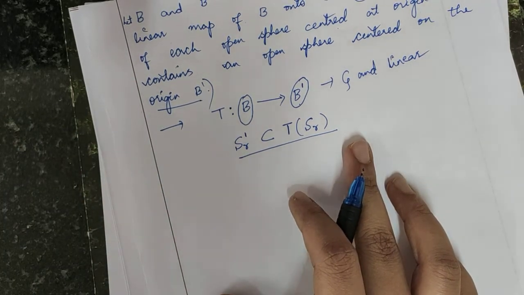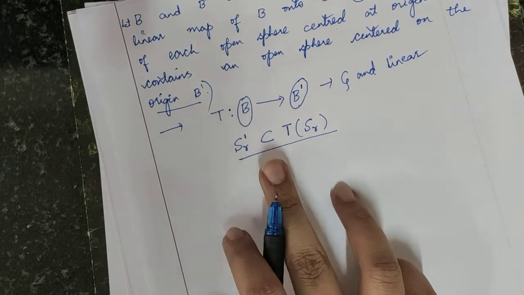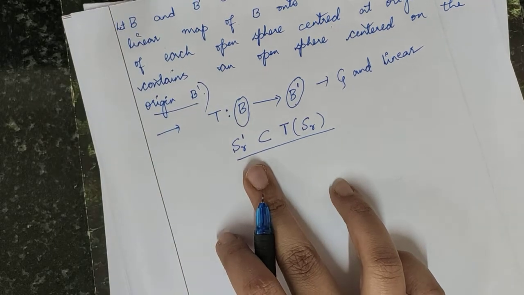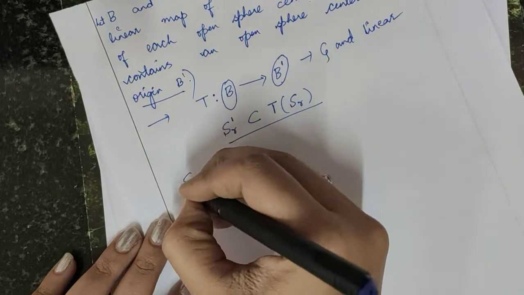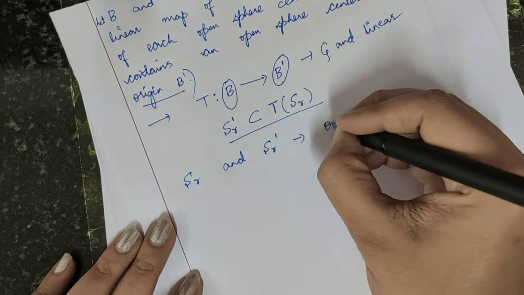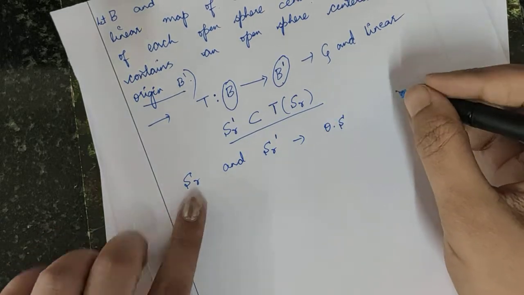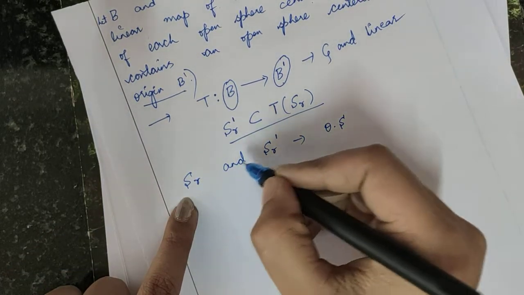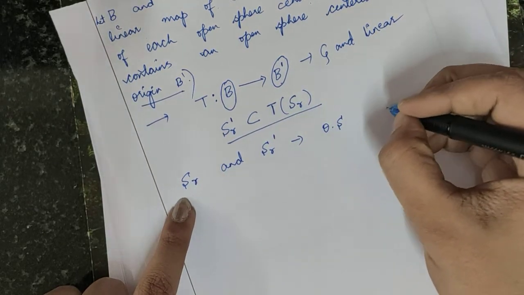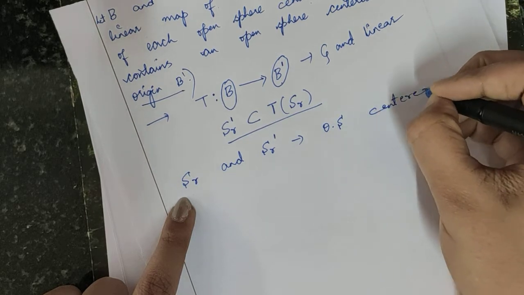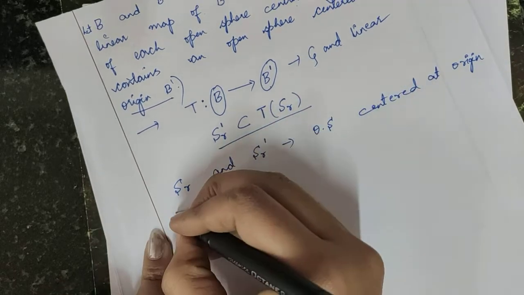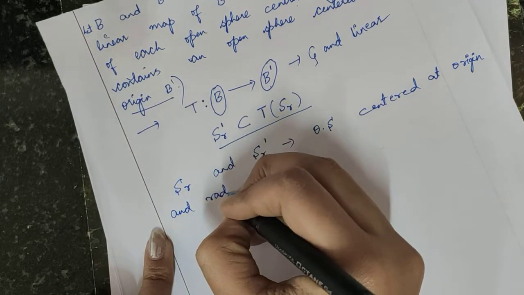Before proving this theorem, first I will construct the set for open sphere SR and SR prime. Let SR and SR prime be two open spheres, centered at origin and the radius is R here.